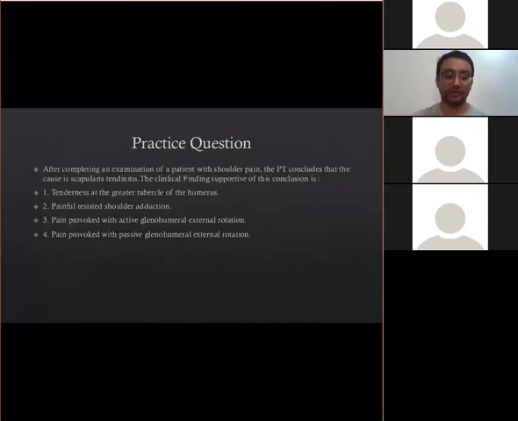We have to isolate. If you have to do resisted isometric testing, you have to do it into internal rotation. And when you do internal rotation, there are also pectoralis major and other muscles. But with this question, there is no internal rotation resisted isometric testing. There is only adduction. That's why option number 2 is wrong. And we have option number 4 as our right answer.